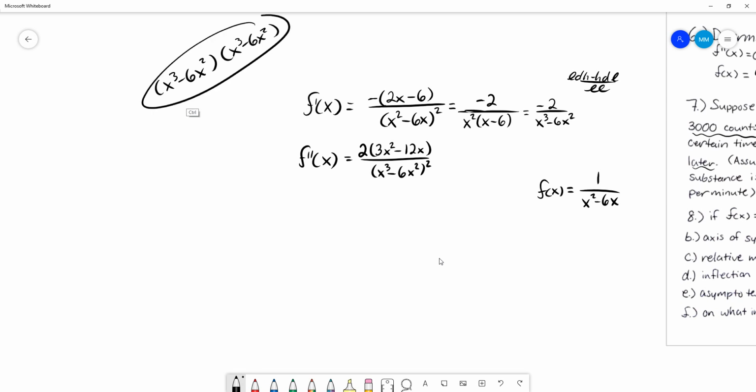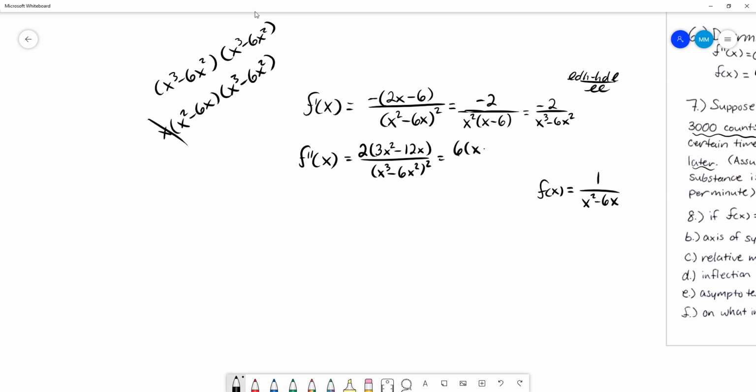And so I'm going to also factor out an x from the bottom, so I can cancel that. So it's going to be x squared minus 6x. And then that x is going to cancel off, so it's going to be 2. And I can actually factor out that 3, so it's going to be 6x minus 4. And I did sort of skip a step there.